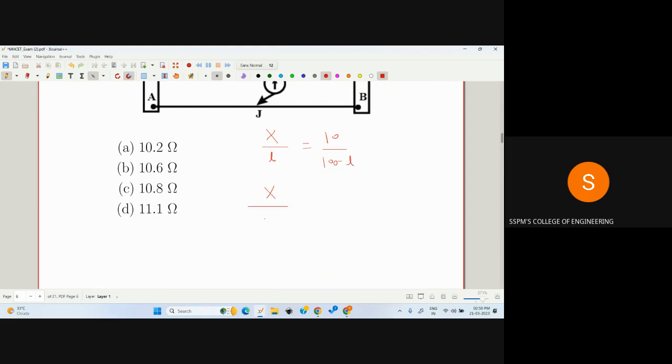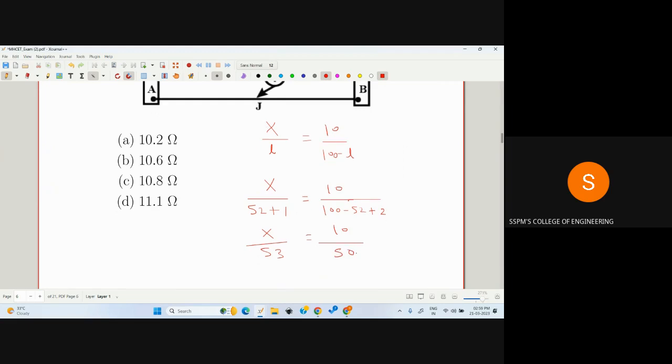The location of the null is 52, plus you have to add 1 centimeter correction, is equal to 10 divided by 100 minus 52, plus 2 centimeter correction at the right hand side. After solving, it becomes X upon 53 is equal to 10 upon 100 minus 52 plus 2. 100 minus 50, it becomes 50.